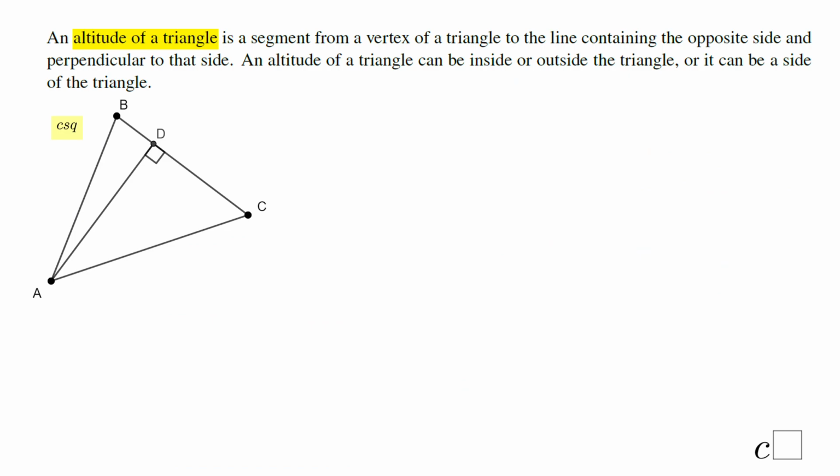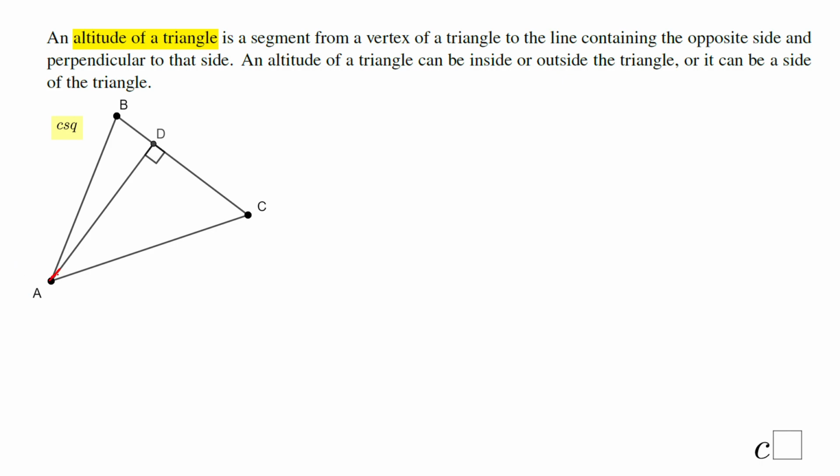We're going to move to the second part of the lesson, where we're going to talk about another important segment that goes with triangles, and that is the altitude. The altitude is a segment from a vertex of a triangle to the line containing the opposite side. So if you take a look here, AD is one of these segments.